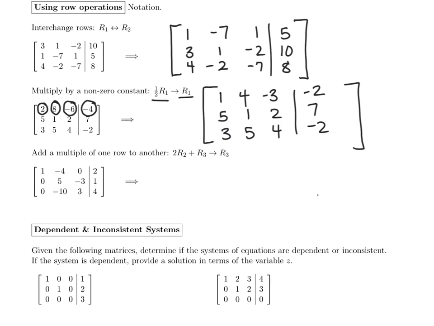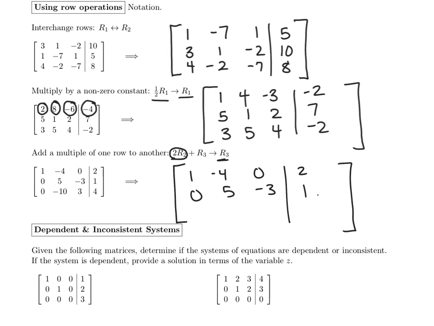Okay, this next one, only row 3's values are going to change. So what I would suggest is you go ahead and recopy row 1 and row 2. What we're going to do is take every number in row 2, times them by 2, add that result with row 3, and put the answer in row 3.